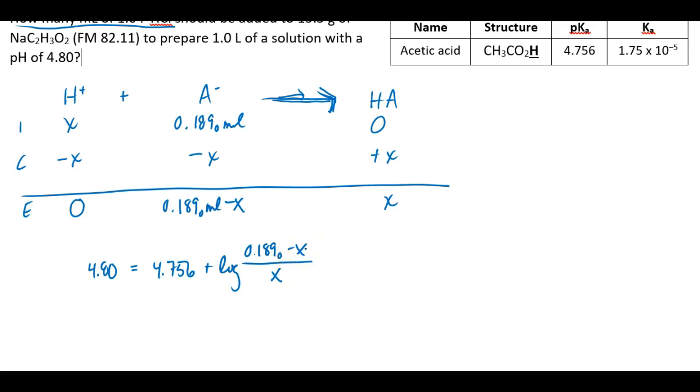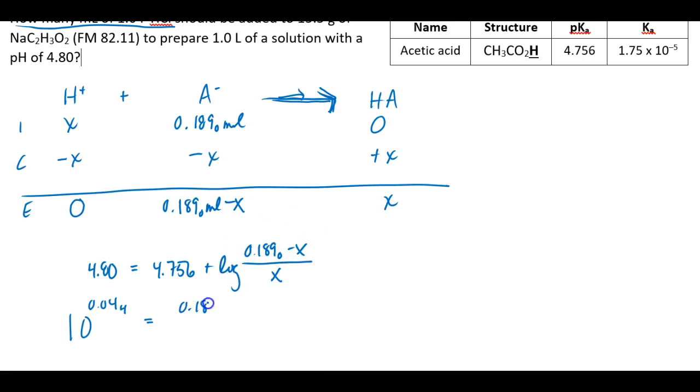So in order to solve this equation, I guess we should subtract the pKa from both sides. I got 0.044, and that equals the log of this quotient, and maybe we should take the anti-log of both sides. The anti-log of a log is just what you have here.